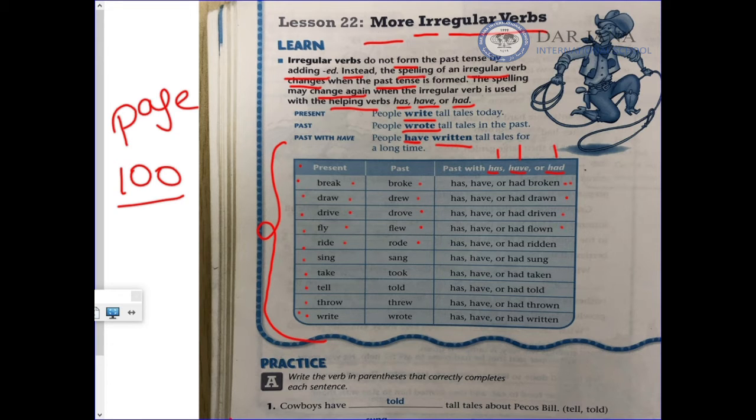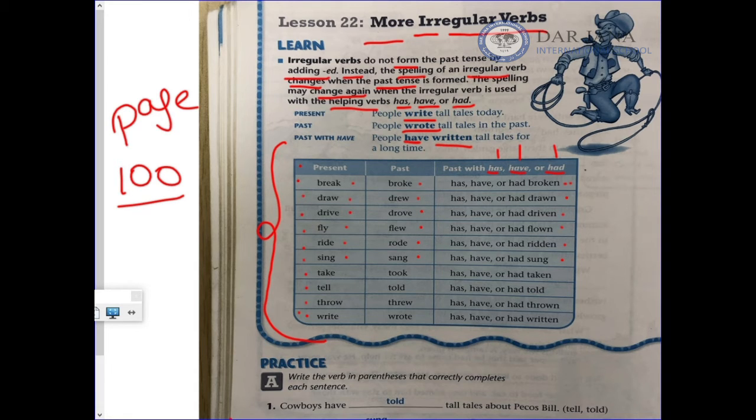If we use has, have, or had, it becomes ridden. Now, we come to the word sing. The past of sing is sang. And when we use has, have, or had, it becomes sung.